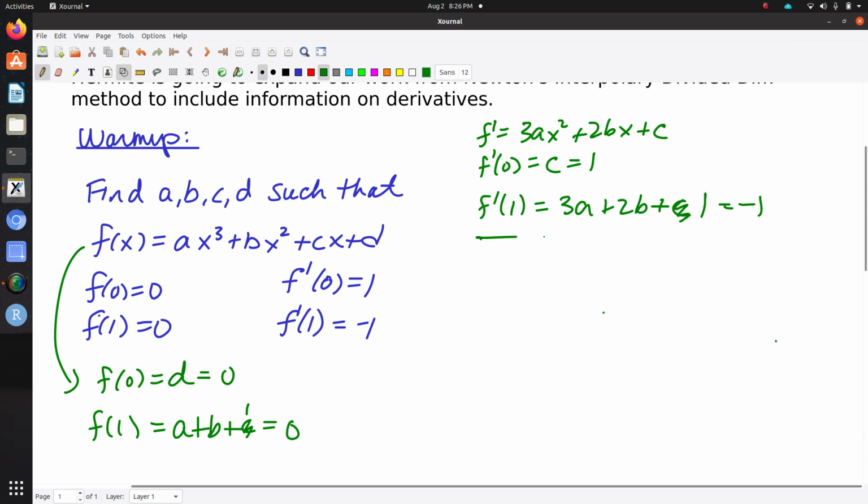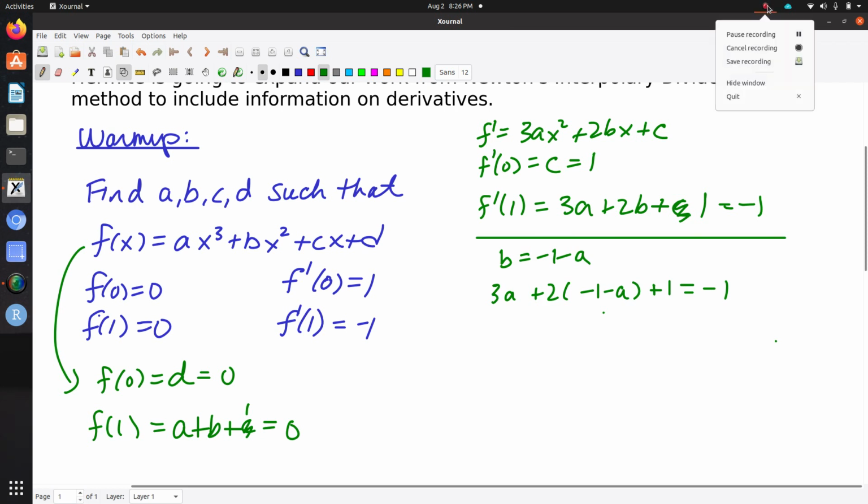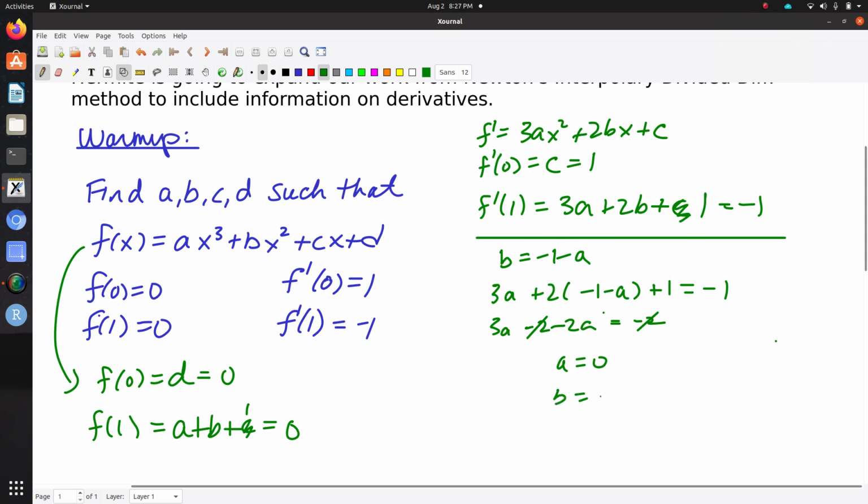So now we have two equations and two unknowns. We know b is equal to minus 1 minus a. So 3a plus 2b plus 1 equals negative 1. That's annoying, so I'm going to pause for a second. Okay, so a is 0, b is negative 1, c is 1, and d is 0.